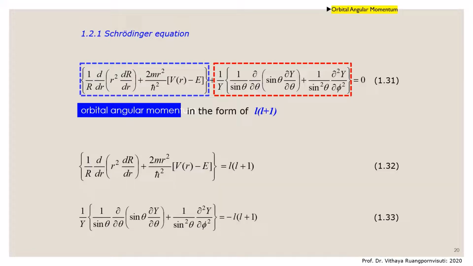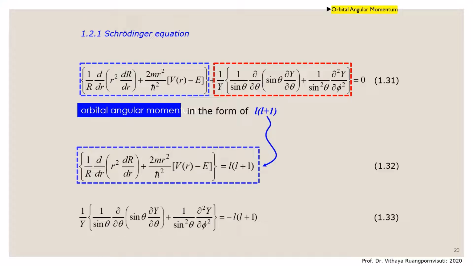In terms of the l times l plus 1 term of the angular momentum, we can say that the first part surrounded with the blue dotted line is equal to l multiplied by l plus 1.